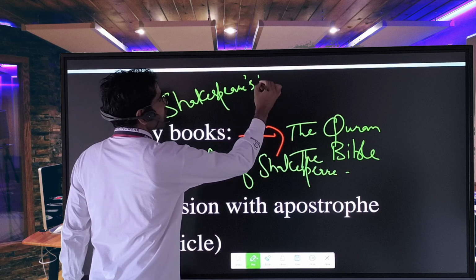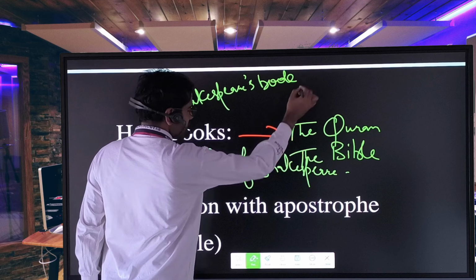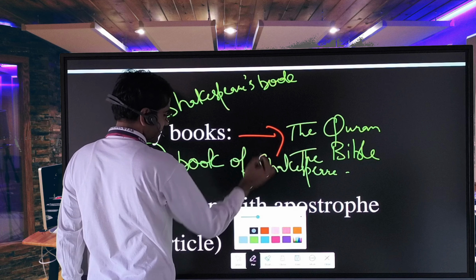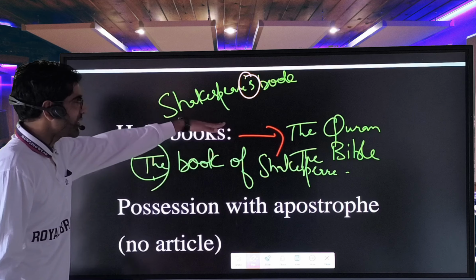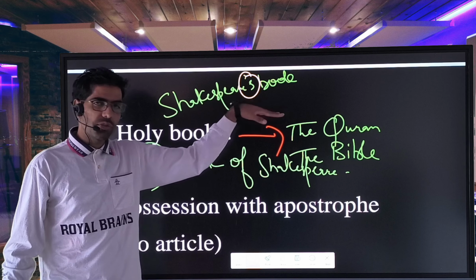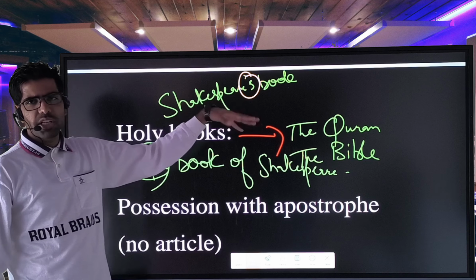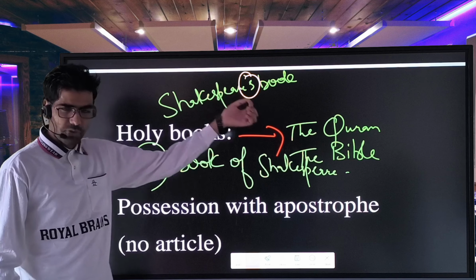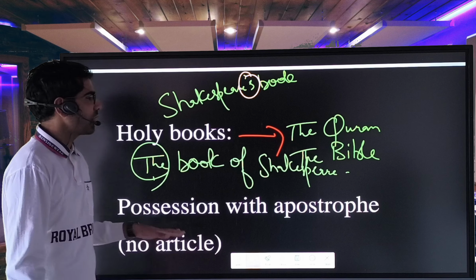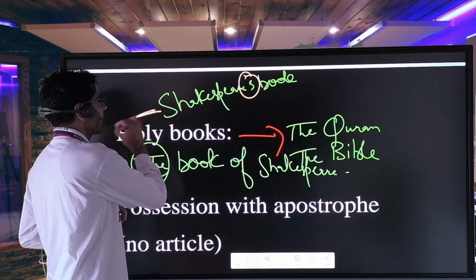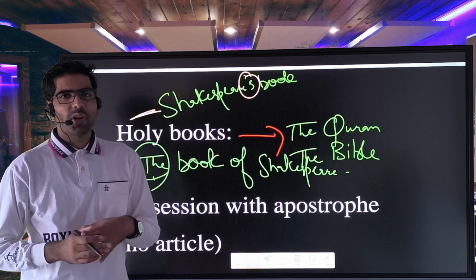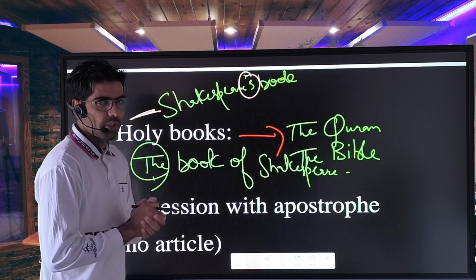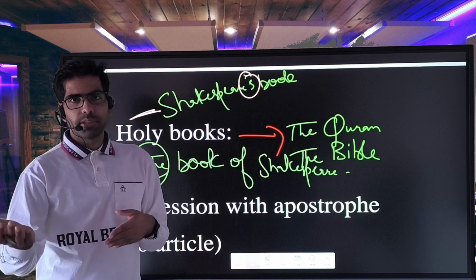I have used here an apostrophe to show the possession. But whenever I use an apostrophe to show possession, there I don't have to use any article. Got it? If I say Modi's country, I would not say the Modi's country, but I can say the country of Modi.